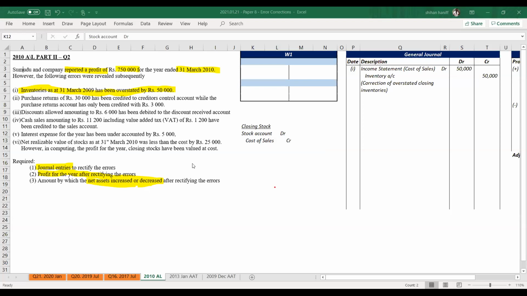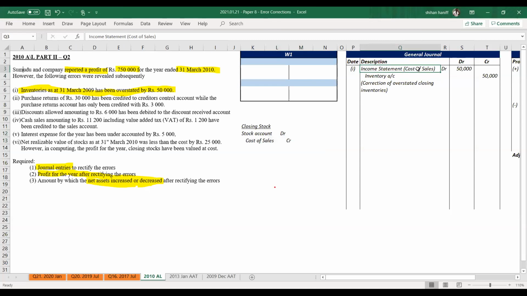Is it okay to write purchases account instead of inventories account? No, the inventory account is an asset account.